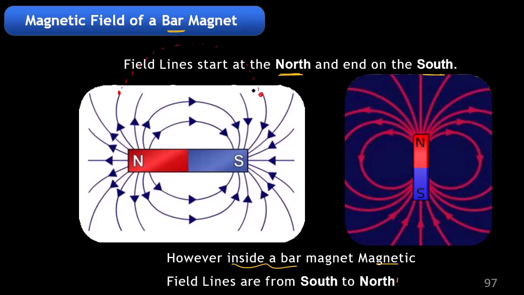I cannot show it in a limited space, but after going some distance, the lines come back to the south pole. That means the field lines coming from the north pole should meet at the south pole. All the lines will be closed ones.